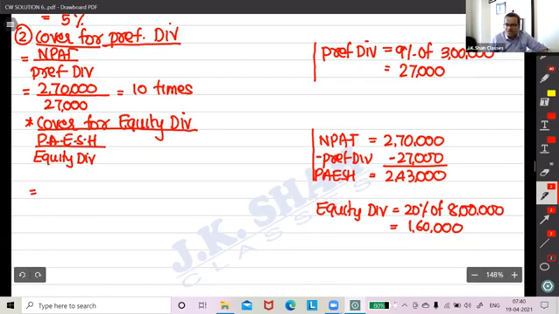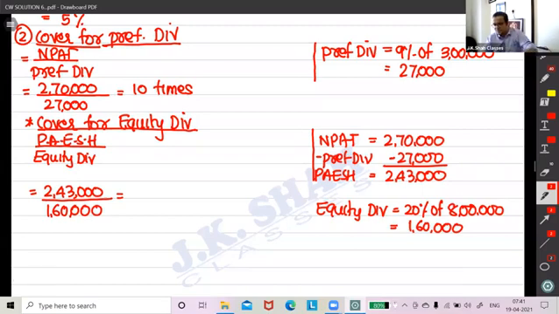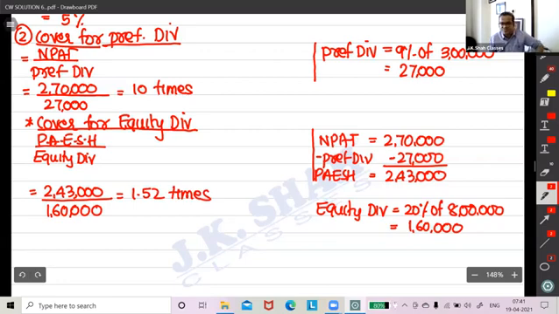So if I think of calculating this, my PAYESH is 243, which I will divide by how much? 160. So 243 divided by 160 is 1.518. So let's make it 1.52 times.